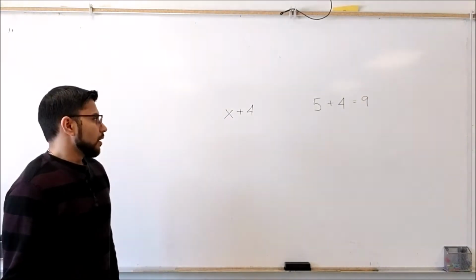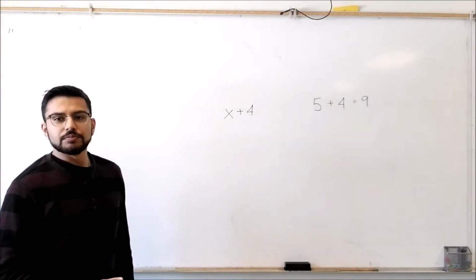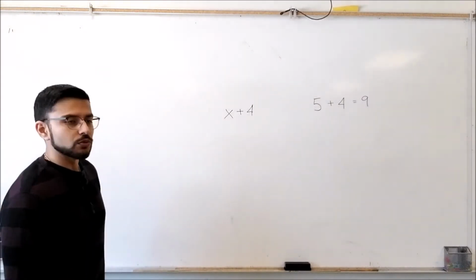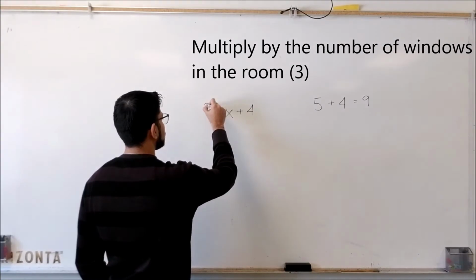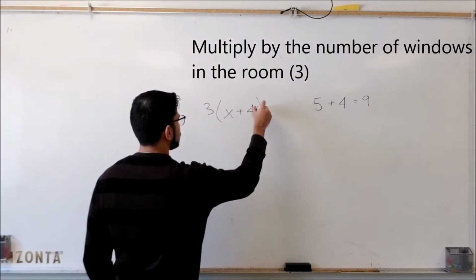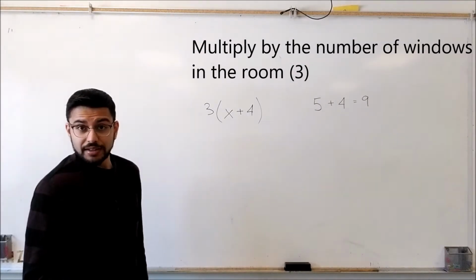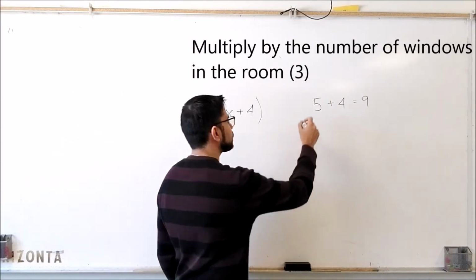Okay? And then I'm going to add another step. This time I'm going to say, you know what, let's multiply by the number of windows in room 104. So they're multiplying by 3, which means whatever number they had, they multiply by 3 as well.